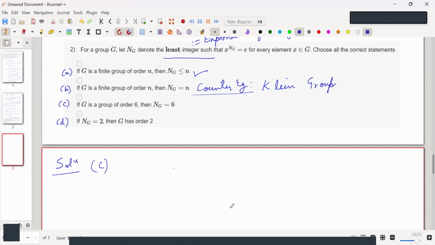And thus the least integer should be greater than or equal to 6, but we already know that it is less than or equal to n, which is 6. So it is precisely 6. Good.